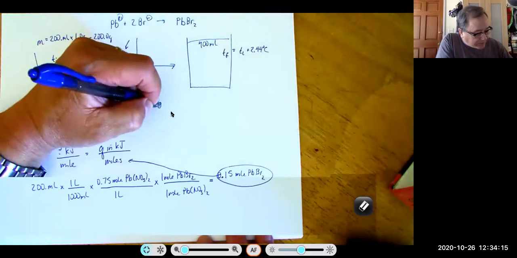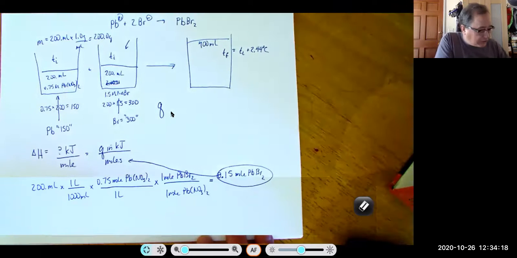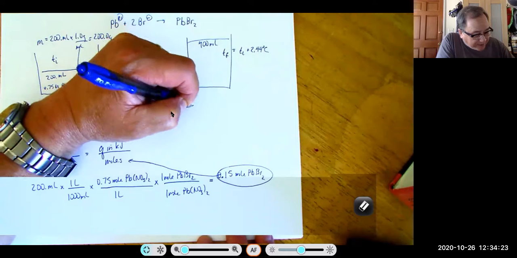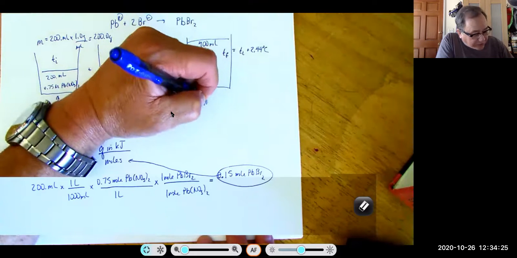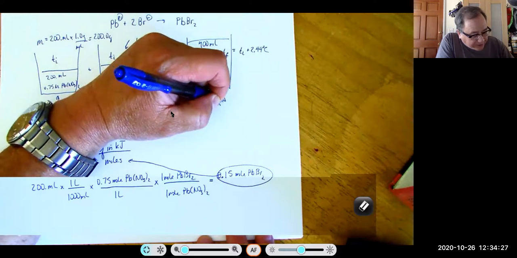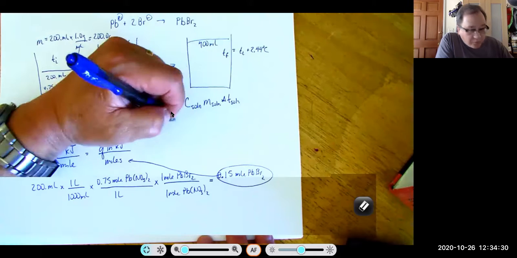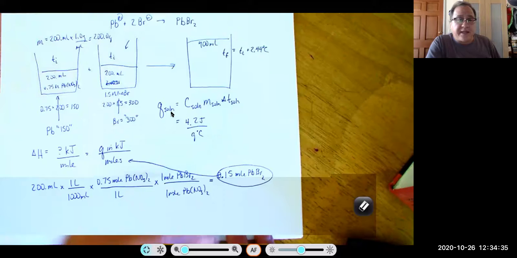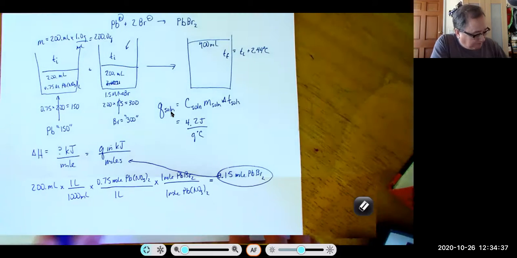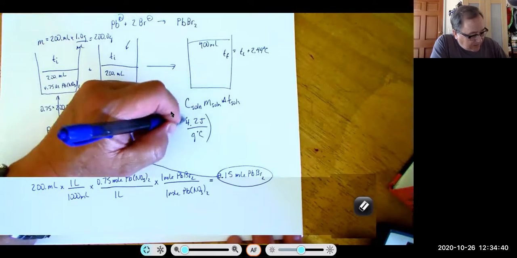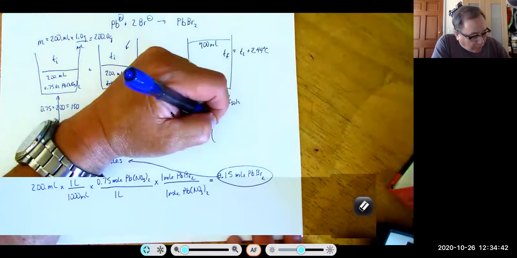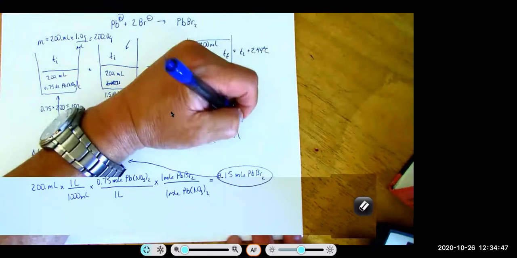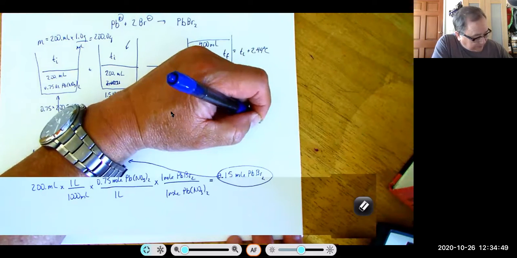So for the heat that the solution absorbs, it's going to be the specific heat capacity of the solution times the mass of the solution times the change in temp of the solution, which is going to be 4.2 joules per gram degrees Celsius. Remember, the K and the degrees Celsius are interchangeable. The mass is 400 grams, and the change in temp is 2.44 degrees Celsius.